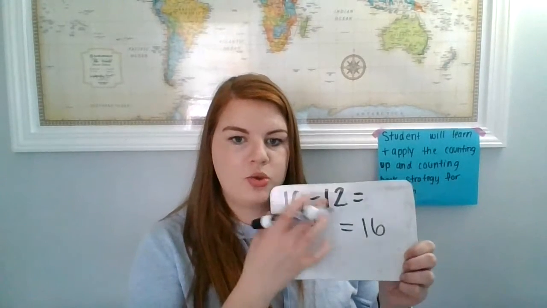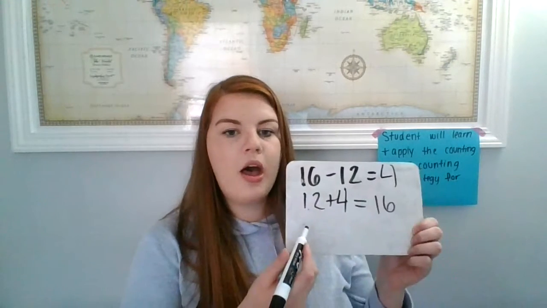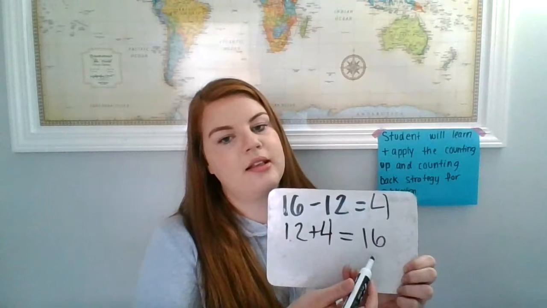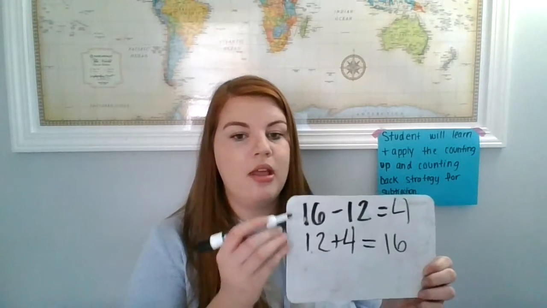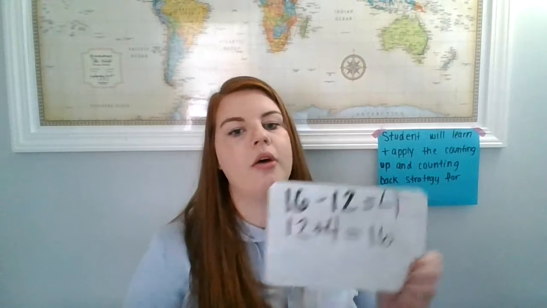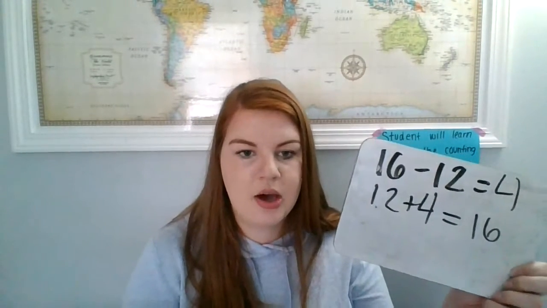So let's start at 12 in your head. 13, 14, 15, 16. 4 hops. If you start at 12 and go up 4, you'll land at 16. And these problems go together. You can see like a fact family, they all have the same numbers. 16 minus 12 equals 4. So we are using this counting up to subtract instead of counting back.